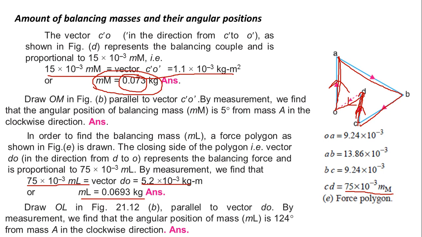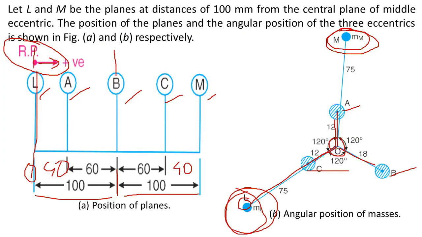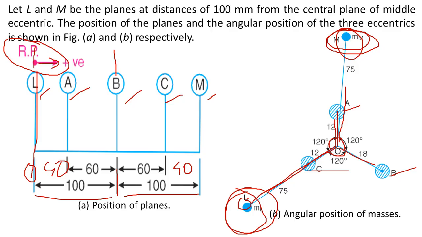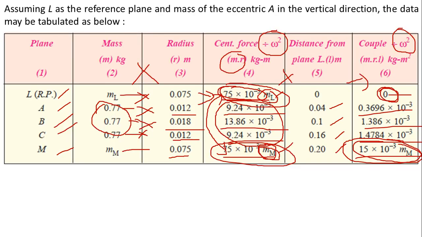And finally, if you take this reference, whatever direction you have taken here, and opposite to that, this will be for the plane ml. The directions for mm and then ml can be easily traced by taking the vector directions. So like this you can plot the masses mm and then ml.